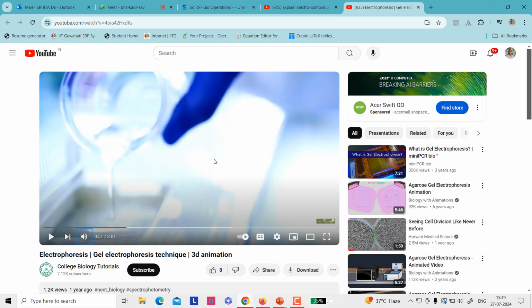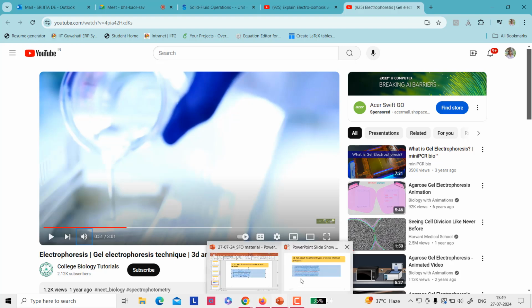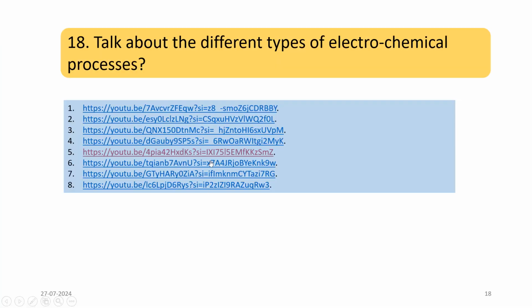So if cancer cells are negatively charged or DNA, RNA are negatively charged, then they will go towards the positive electrode, and that is how they are separated from the normal cells or normal biological proteins. Okay. So this one is electrophoresis.